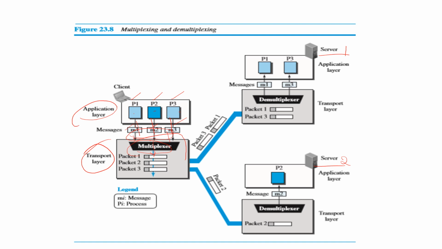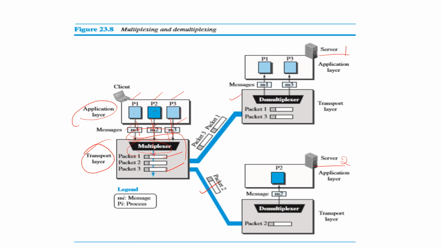Packets 1 and 3 use the same logical channel to reach the transport layer of the first server, and packet 2 uses a different channel to reach server 2.